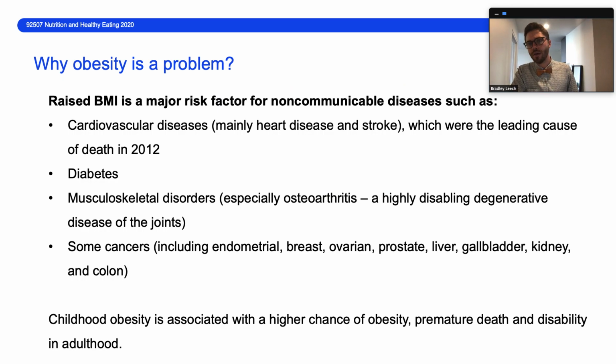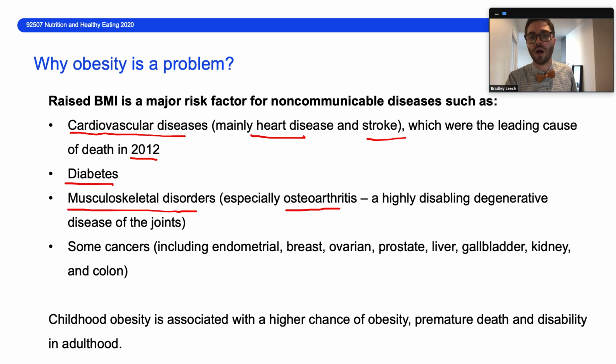So why is obesity a problem? As we alluded to just before, there are a number of effects due to obesity, but we'll go over these again. So cardiovascular disease, especially heart disease and stroke, were a leading cause of death in 2012. Diabetes, musculoskeletal disorders such as osteoarthritis.